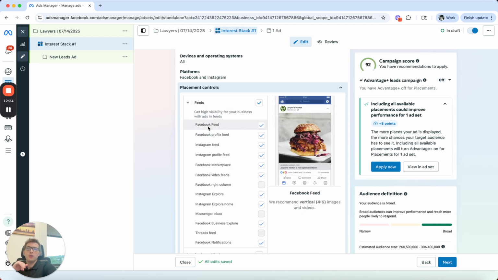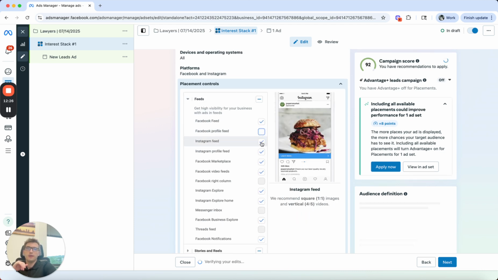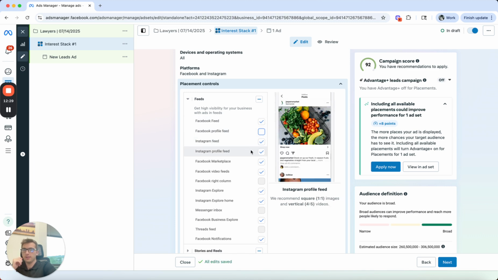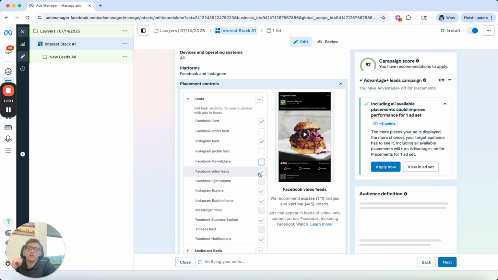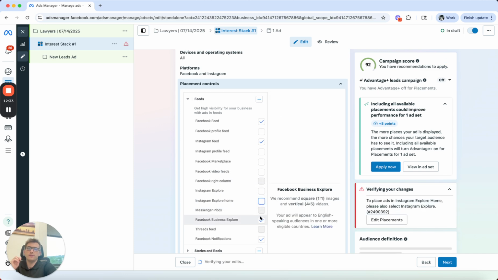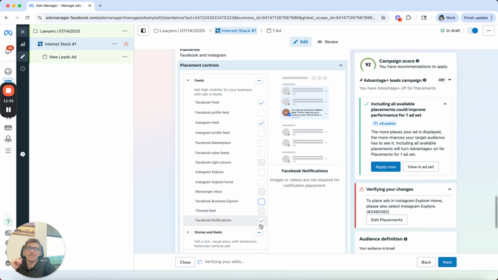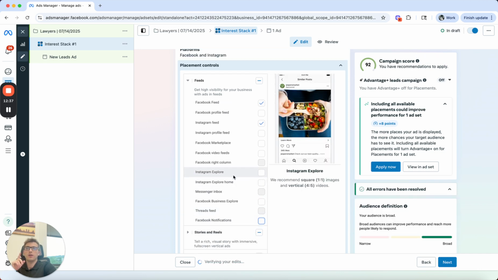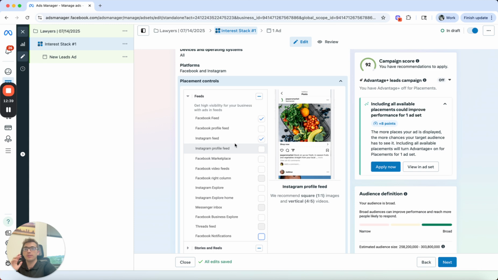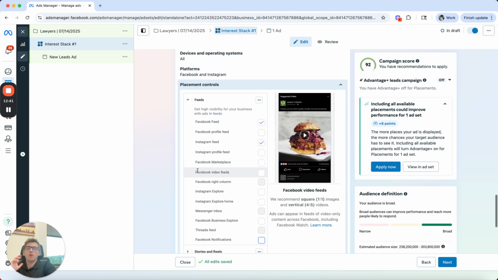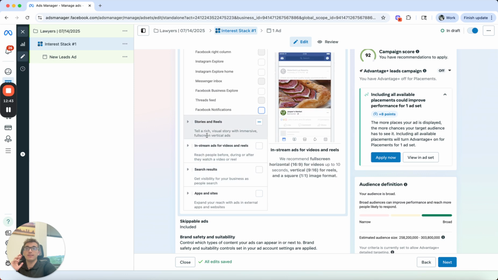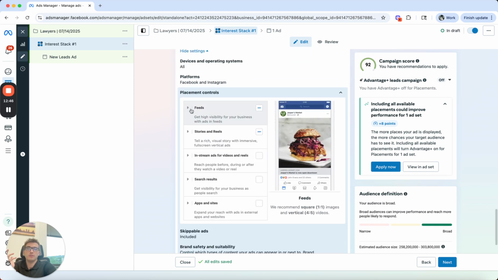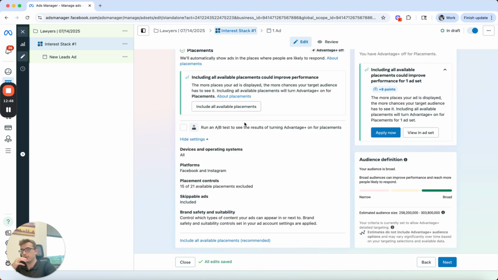Close that up. Go to feeds, and then you want to get rid of everything except for Facebook feed and Instagram feed. Everything else is irrelevant. It's a waste of money if people are clicking on your ads in any of the other places on Facebook or Instagram that aren't one of these 6. Then it's just a complete waste of your money, in my opinion, and anyone would say that, because that's not where people are spending their time.